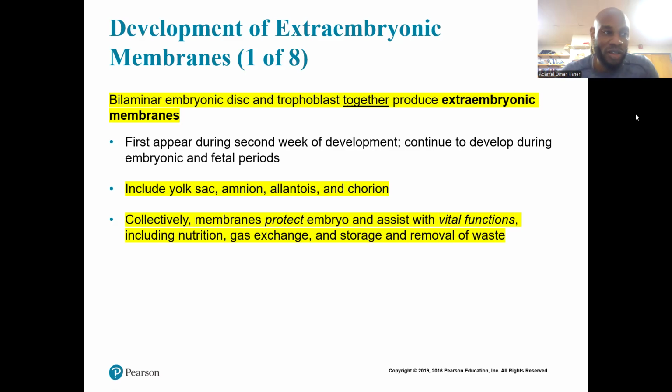This embryo initially cannot function on its own. It can't do everything by itself; it can't eat, can't breathe. So all of these things are going to have to happen until the embryo gets to the point where it can do these things on its own.